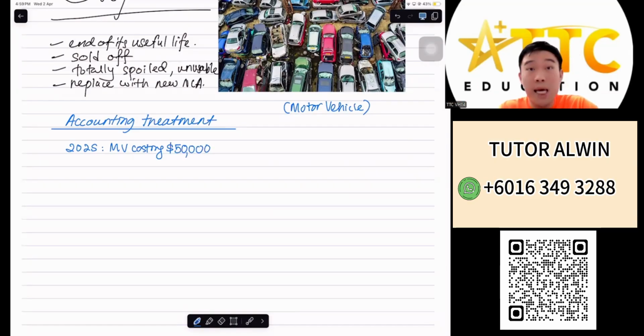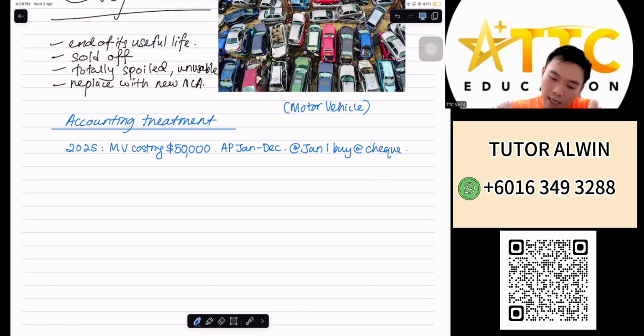This motor vehicle would be a motorcycle, or a very cheap car. Our accounting period is on a January to December basis. We buy it on the 1st of January by cheque, and our accounting treatment for depreciation is 10% at cost.